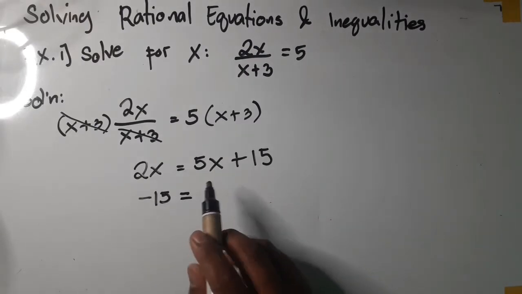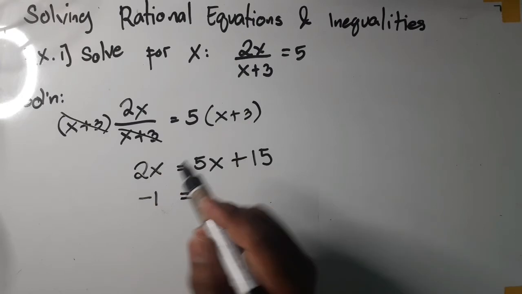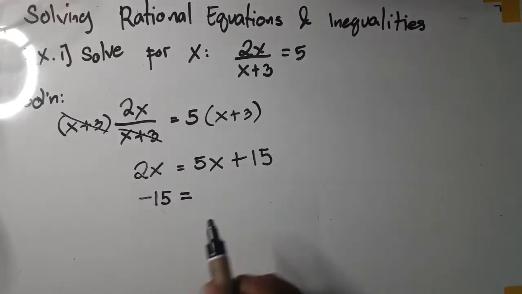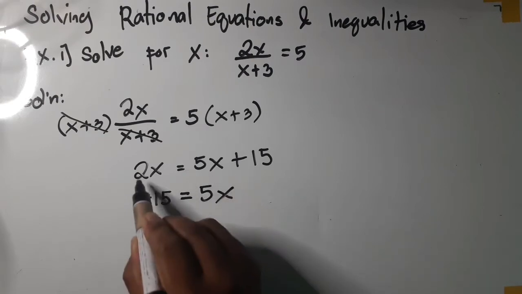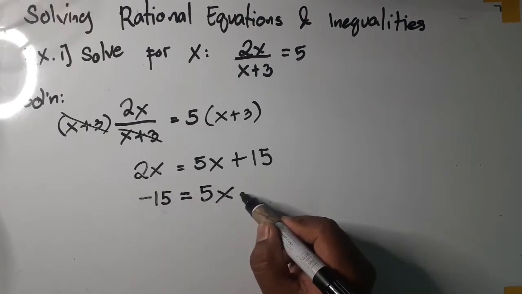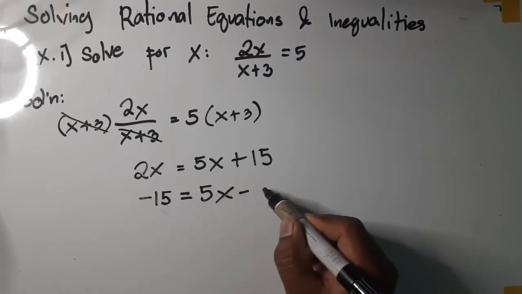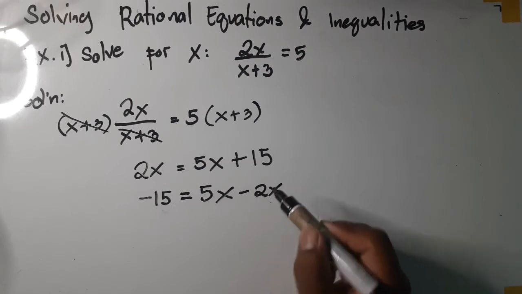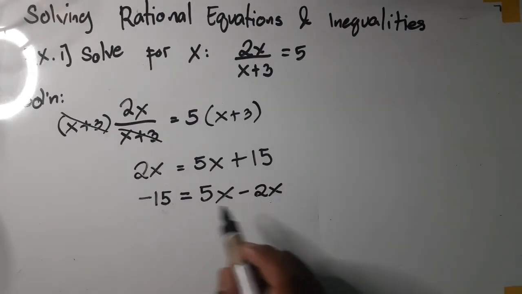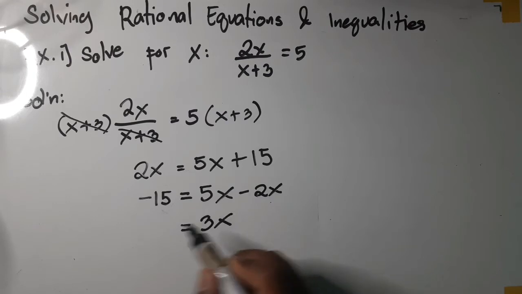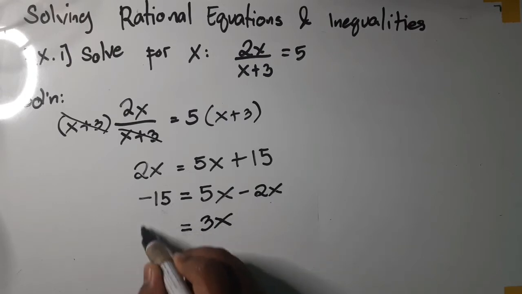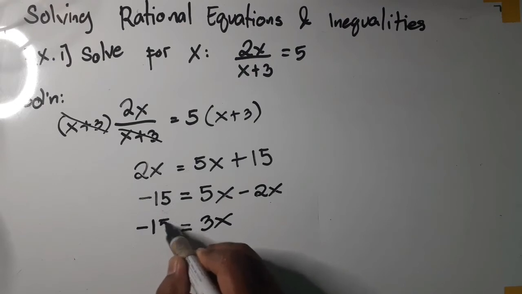Let me erase that so the 5 is clear. So you have 15, negative 15. For 5x, from positive 2x, that becomes negative 2x. Simplify further: 5x minus 2x, so you have 3x, and because it's negative, negative 15.